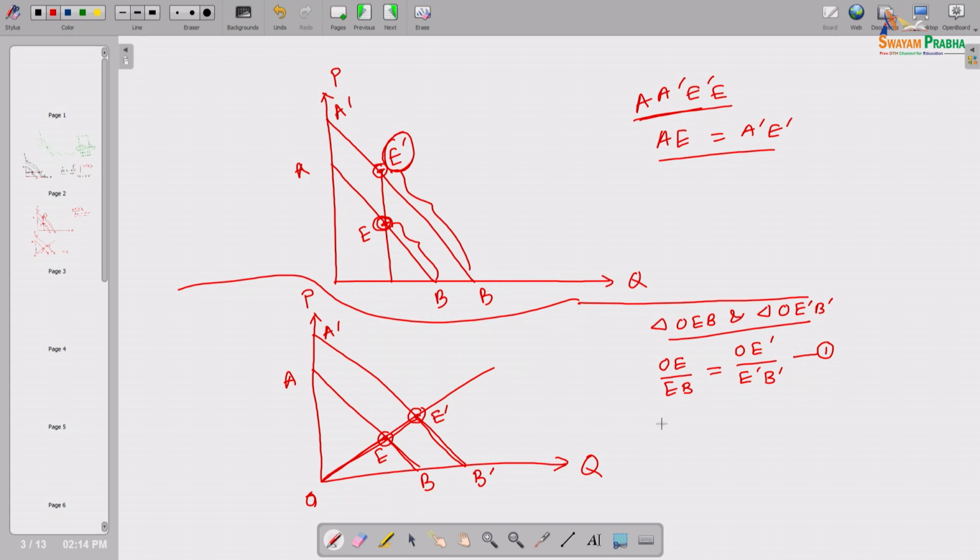In exactly the same way, the triangle OEA and triangle OE'A' are also similar.